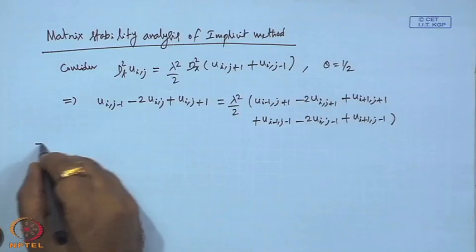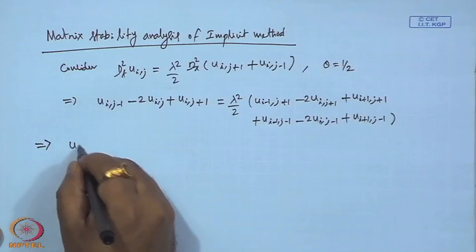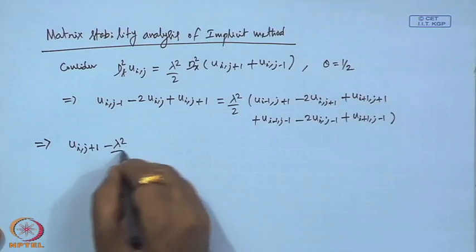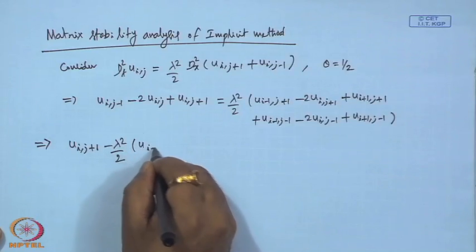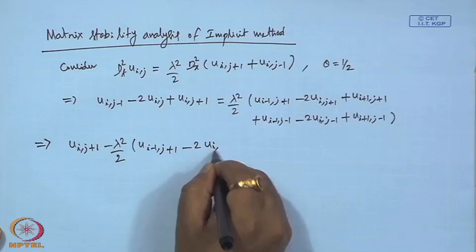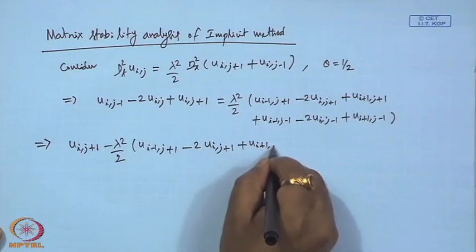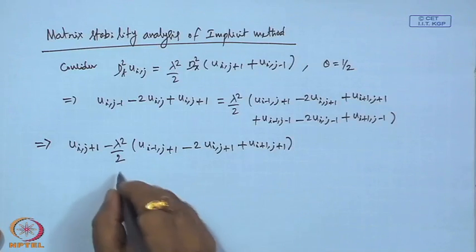So, this on slight rearranging: u I j plus 1 minus lambda square by 2 u I minus 1 j plus 1, u I j plus 1. So, all the quantities at j plus 1 are to the left.